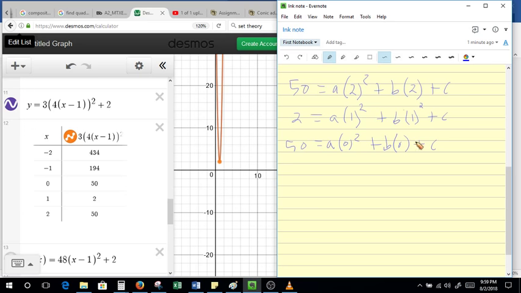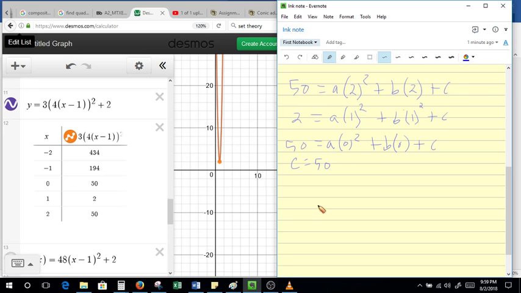So we got lucky in the sense that we found a point with 0 in it. But had we not done that, it would still be 3 equations with three variables. The c's cancel right away, always, because there's no integer in front of them. But this time we got even more of a fortunate scenario because we learned that 50 equals c right off the bat.